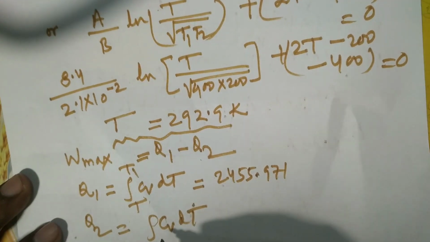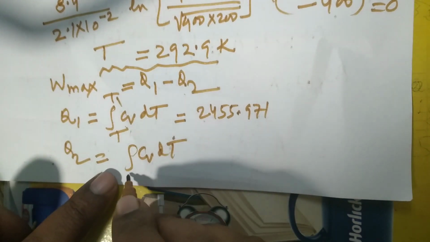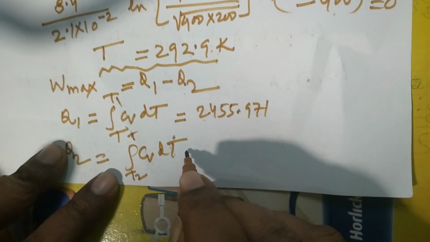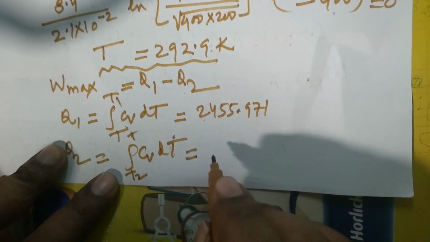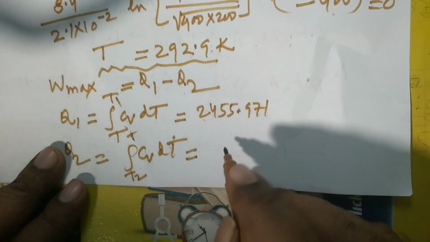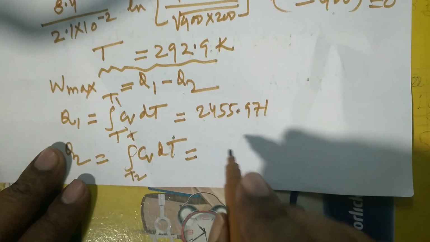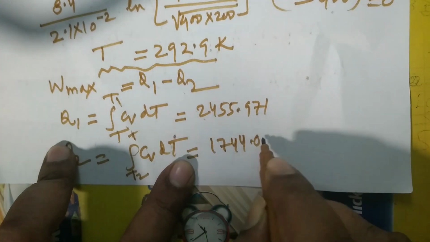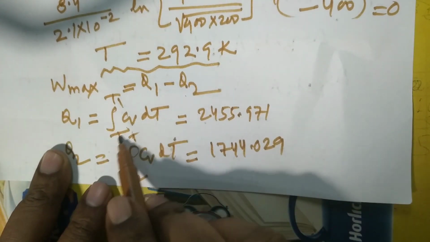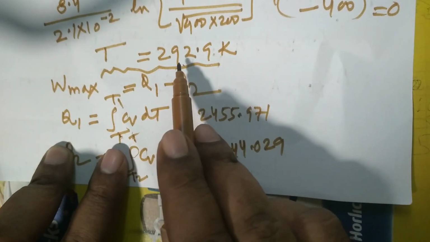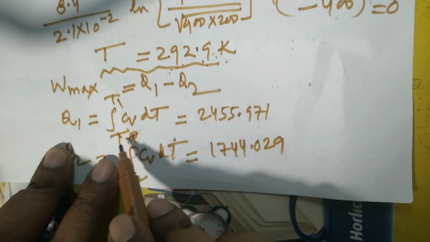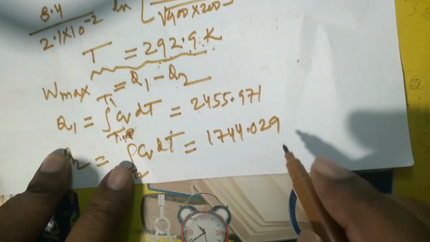This is the heat added. In fact, the initial temperature will be T2 and the final temperature is T, and Q2 is coming out to be 1744.029, by putting the value of T as 292.9 here.